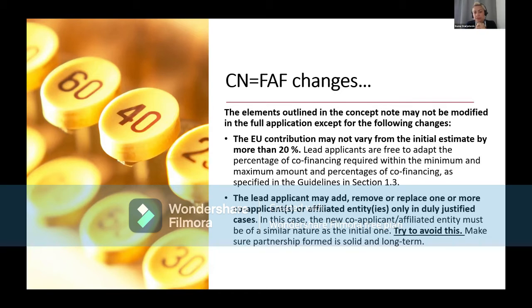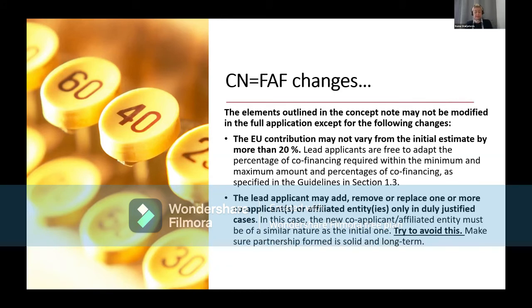You will be able to change the amount of the EU contribution, which can vary from the initial estimate that you prepare and ask for now in the concept note by a maximum of 20%.